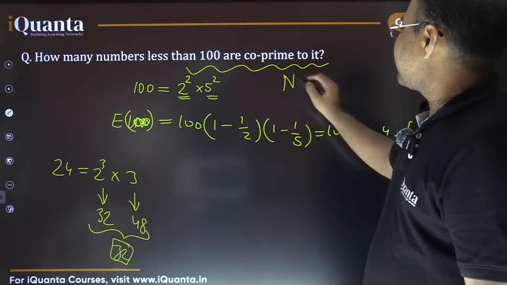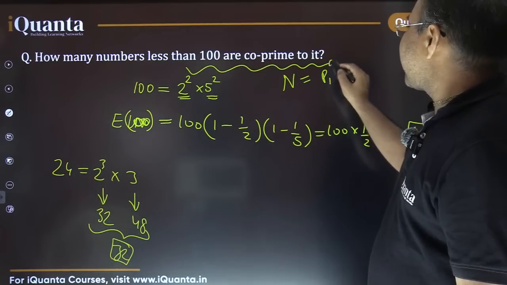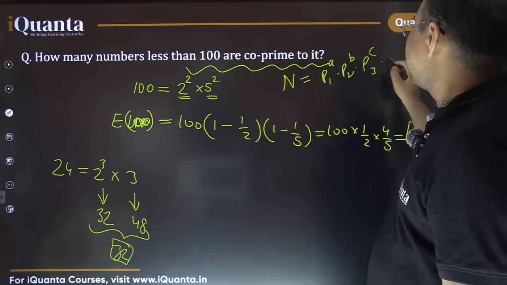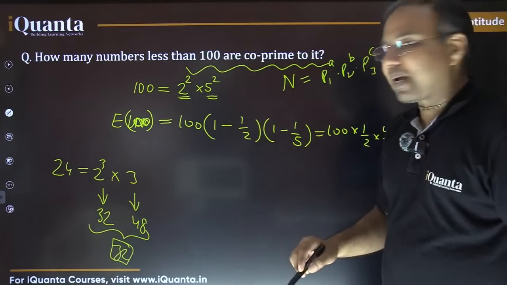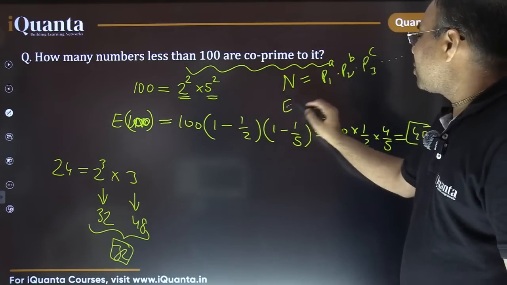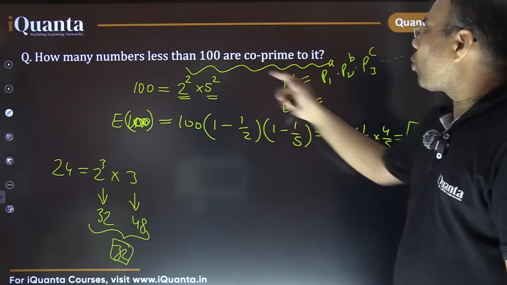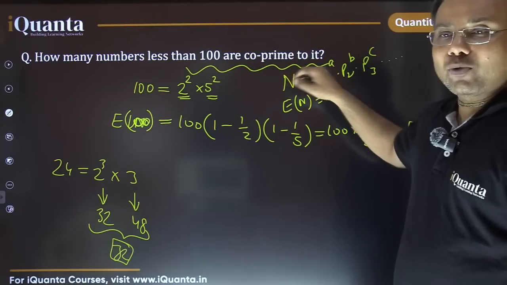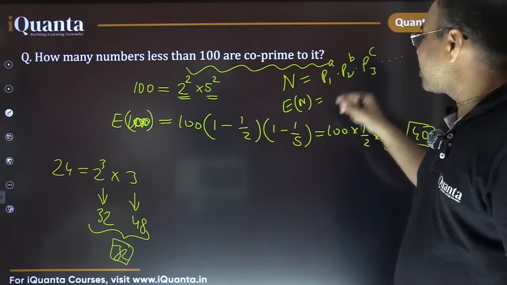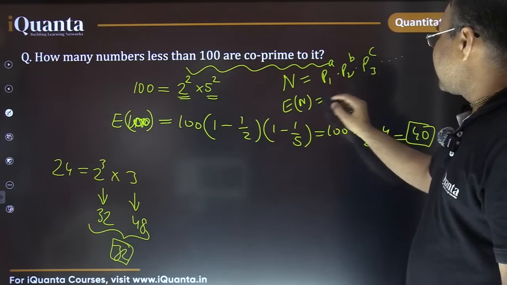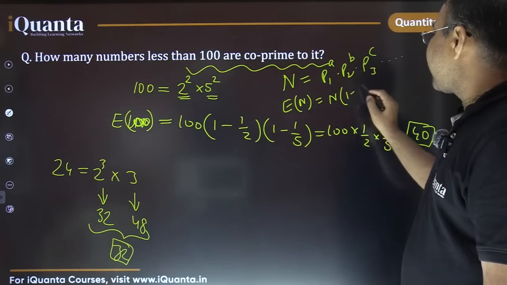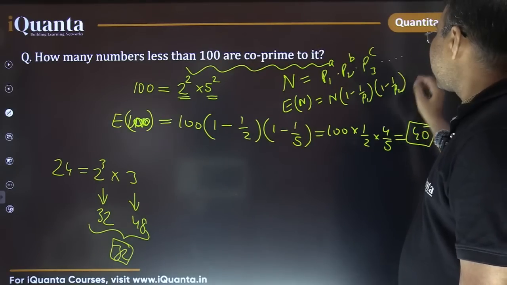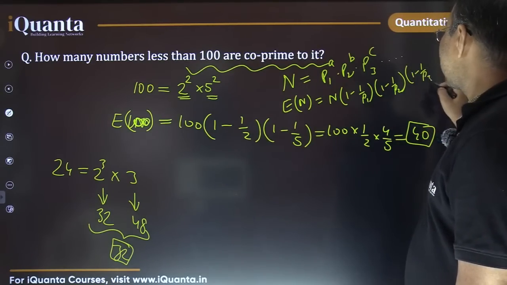Remember, if a number is P1 power A, P2 power B, P3 power C, and so on, where P1, P2, P3 are different prime factors, then the Euler number, or basically the number of numbers which are co-prime to n and less than n, is given by Euler's formula: n into 1 minus 1 by P1, 1 minus 1 by P2, 1 minus 1 by P3, and so on.